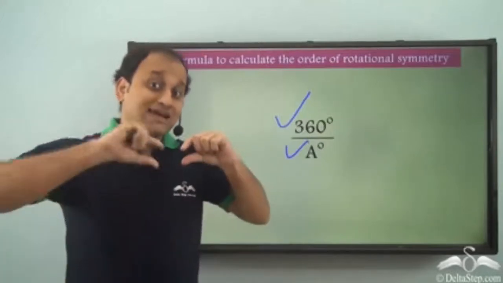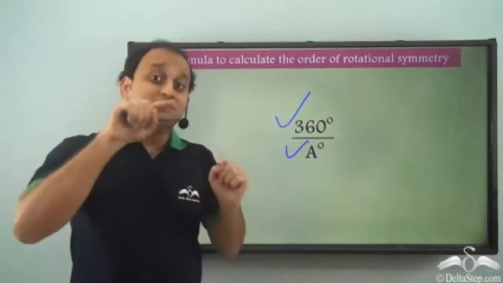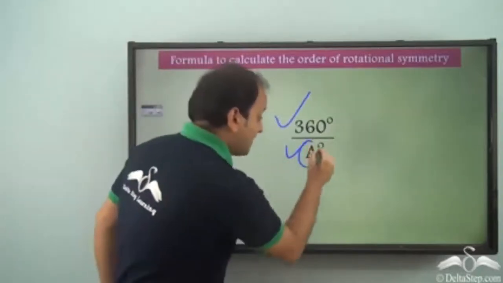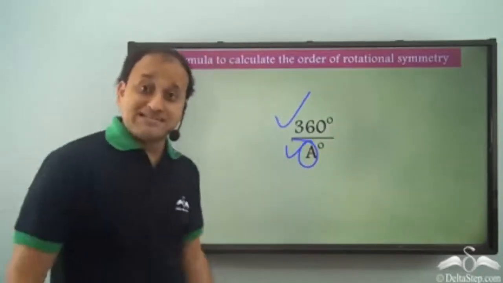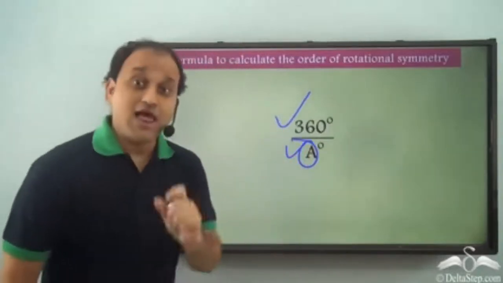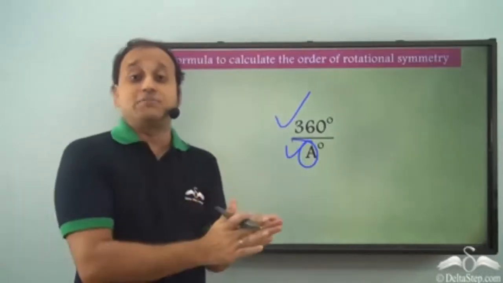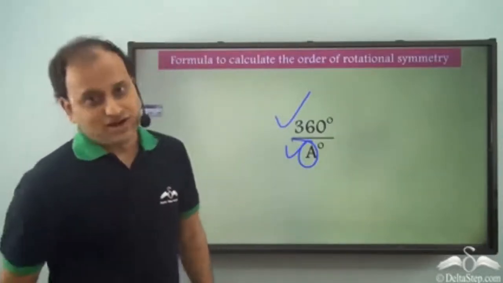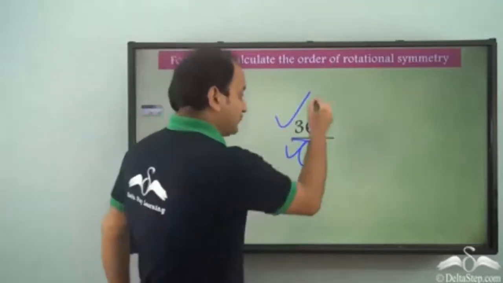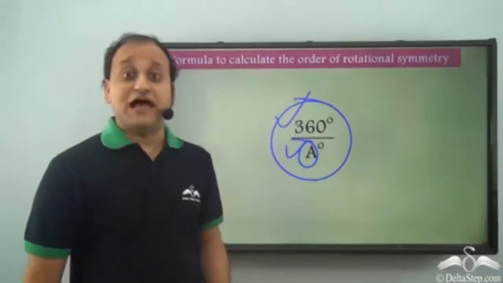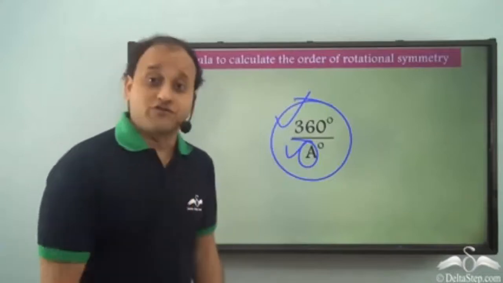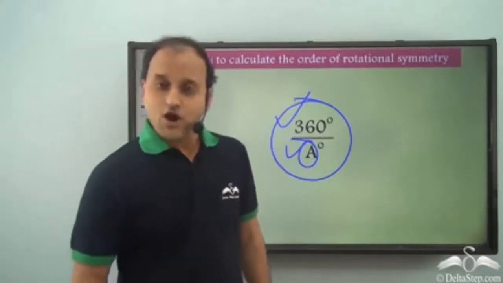So A represents that particular angle between two identical parts of an object which shows rotational symmetry. Once you apply this formula, you will be able to find the degree of rotational symmetry or order of rotational symmetry for that particular object.